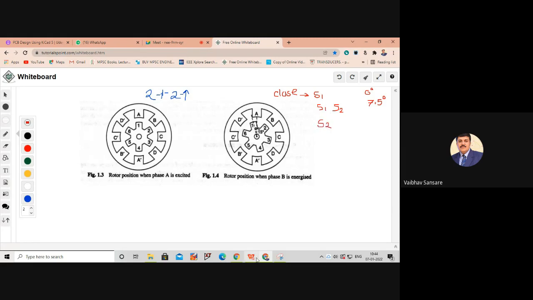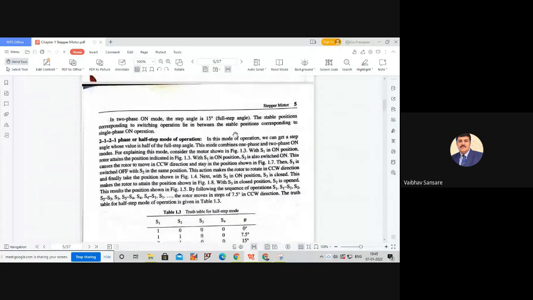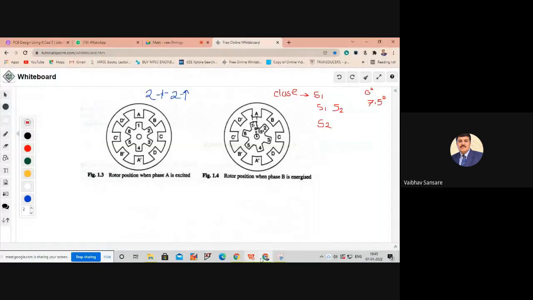What will happen? Under this case, when S2 is in closed condition and S1 is open, the rotor will try to rotate in counterclockwise direction by 7.5 degree, and poles 2 and 5 of the rotor try to align with B and B dash.